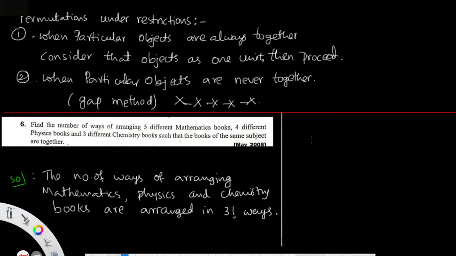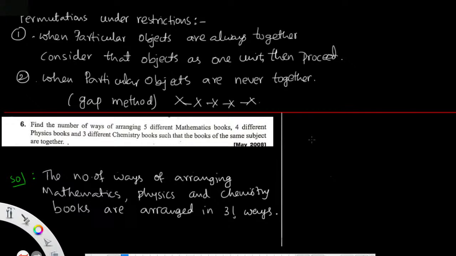The question is: find the number of ways of arranging 5 different mathematics books, 4 different physics books, and 3 different chemistry books, such that the books of the same subject are together. So always together, same subject, keep it together.